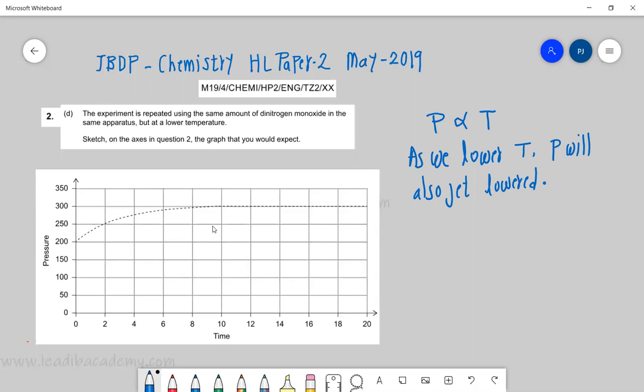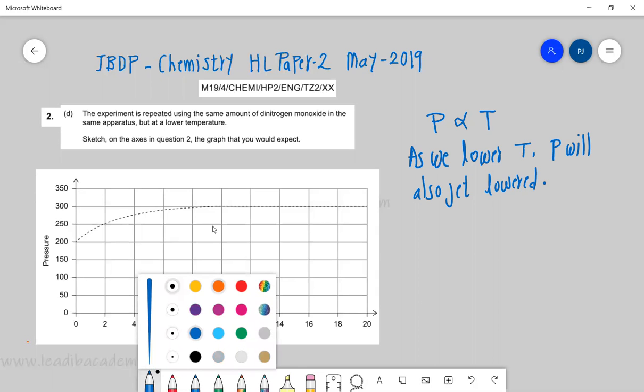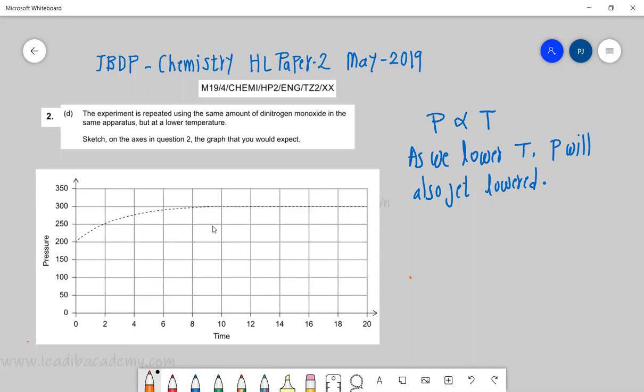So therefore, let me try to draw on this graph. When we say the lower pressure, let's start with this. I'm just taking arbitrary values. Then what else? The initial pressure as well as the final pressure is going to get lowered.